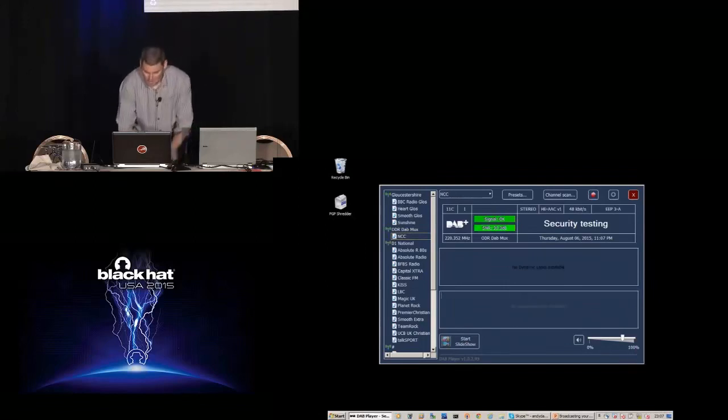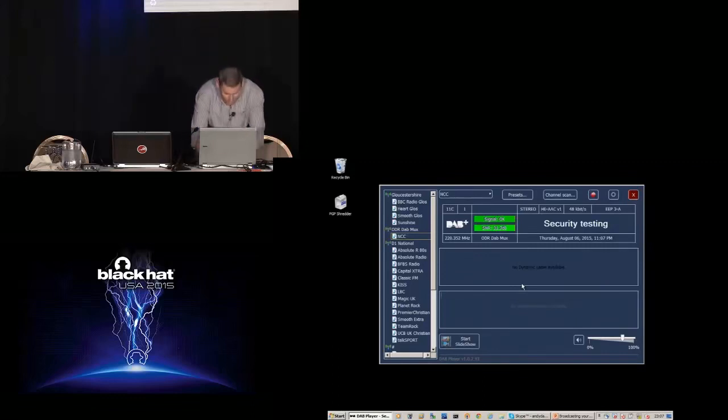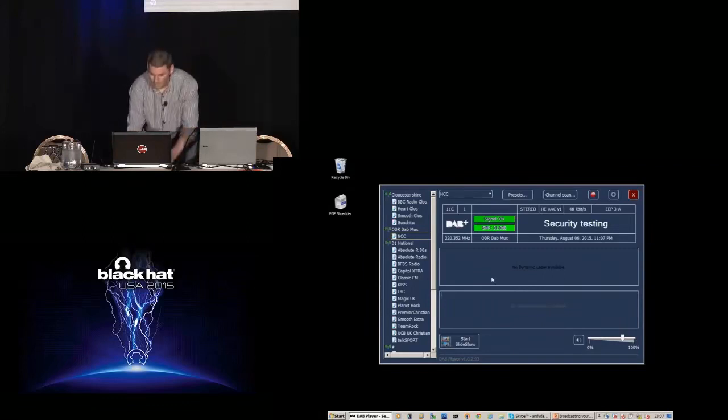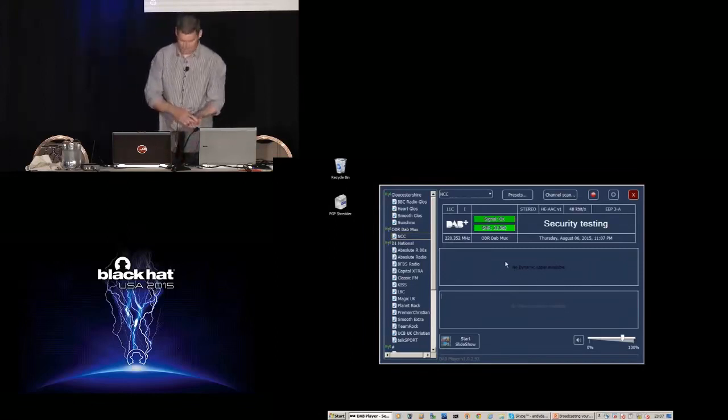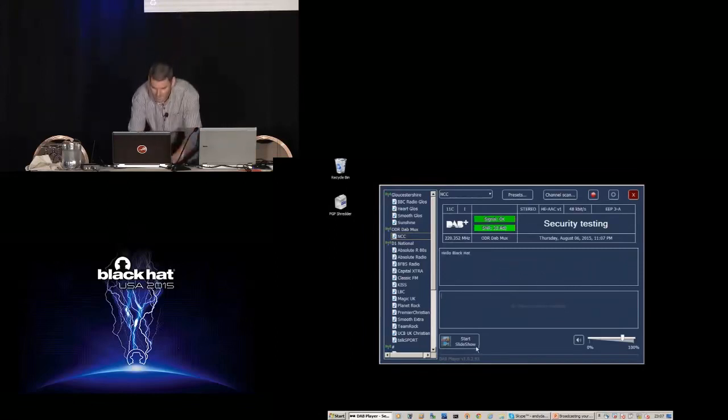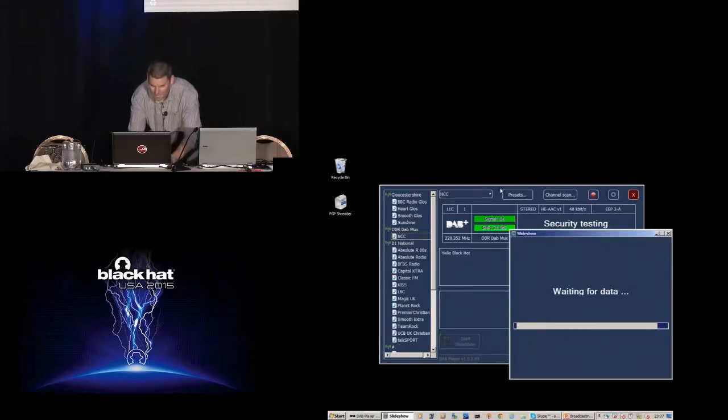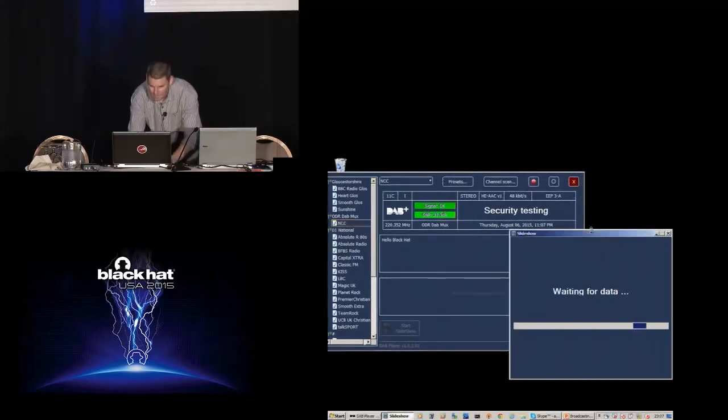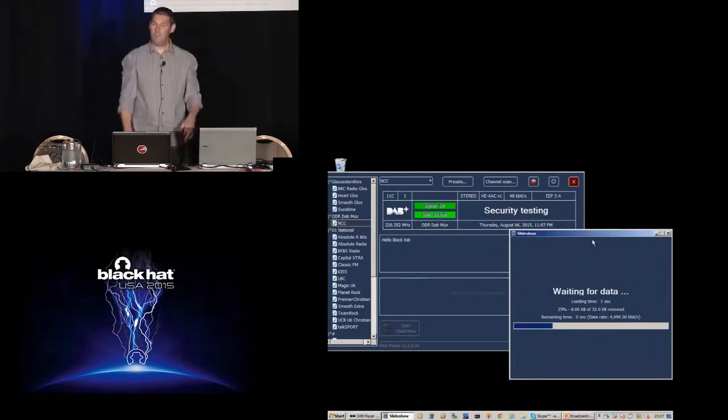Now, I mentioned DLS information, so if I want to send some DLS data, hopefully it should appear in this box here. Hello, Black Cat. Okay, so, oh, and here comes an image.